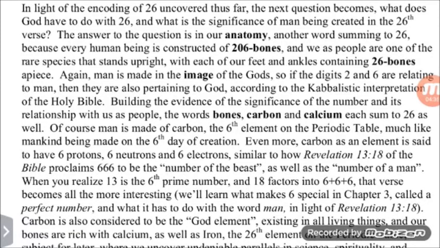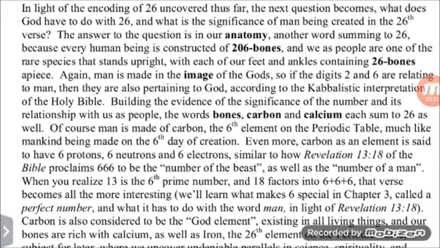Because every human being is constructed of 206 bones, take out the 0 and 26 remains. And we as people are one of the rare species that stands upright, with each of our feet and ankles containing 26 bones.